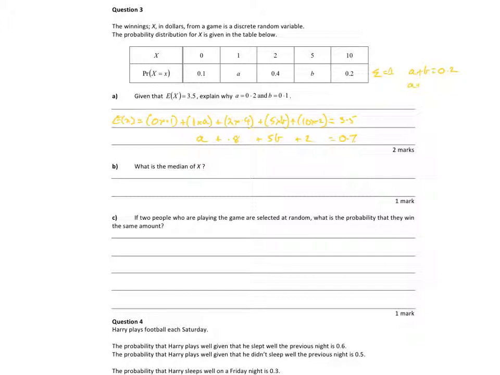So a plus 5b is 0.7. So if we eliminate, a minus a is 0, 5b minus b is 4b, 0.7 minus 0.2 is 0.5.